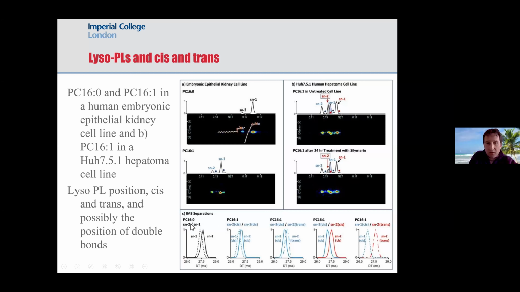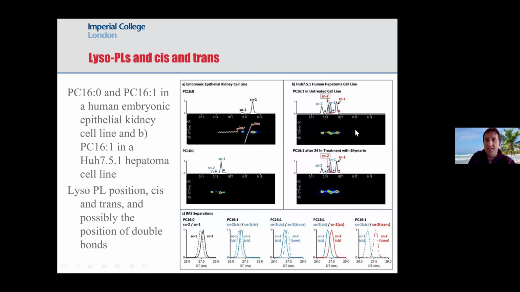And when we're looking at the lyso PC where we've just got palmitate in there, we can begin to make out the difference between the palmitate in the SN1 position compared to the SN2 position. And similarly for the 16:1 in these lyso PCs for the epithelial kidney cell line.